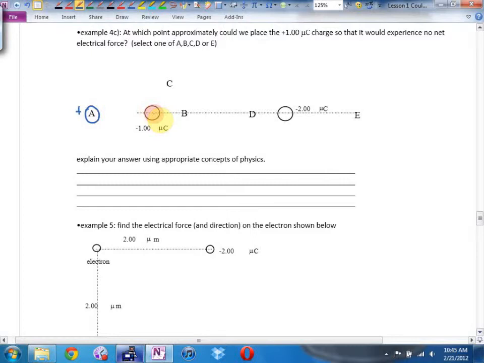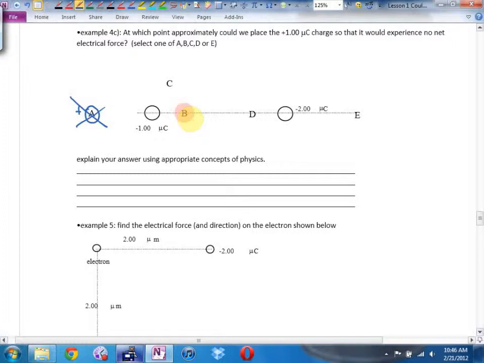Direction. To the right. What about this guy over here? Attract or repel? Attract. Which direction? Can two rights ever cancel out to give you 0?